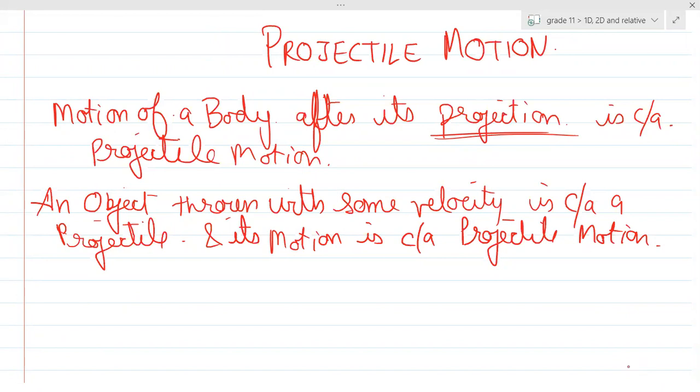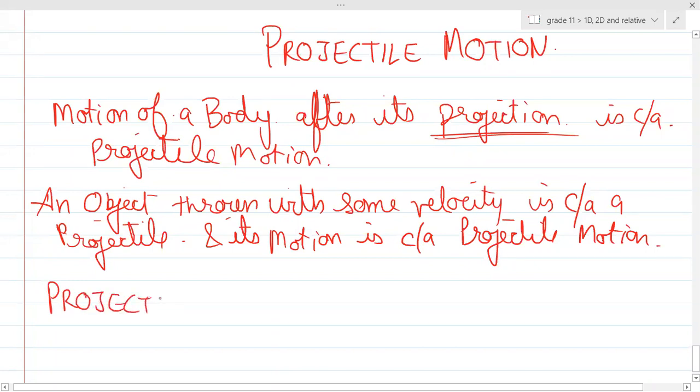So basically, you have thrown it with some initial velocity. That is what is meant by projection. So in this chapter, motion in a plane, we are going to study the projectile motion under gravity.